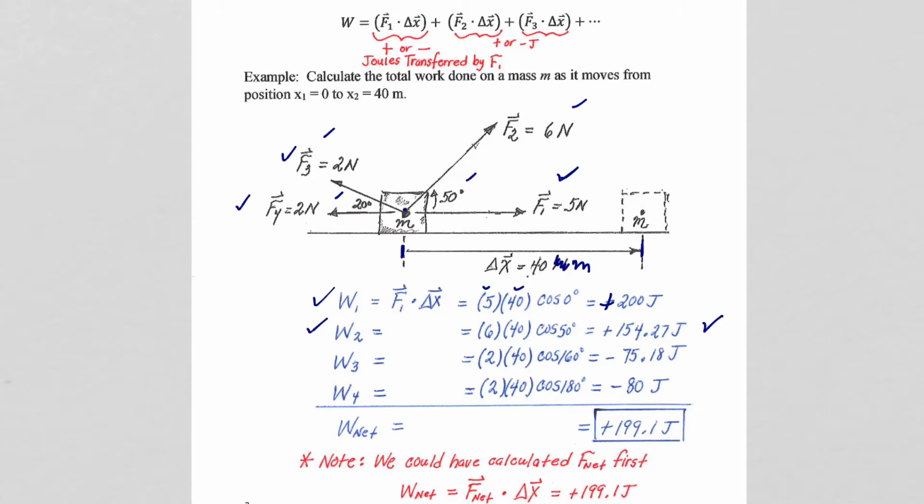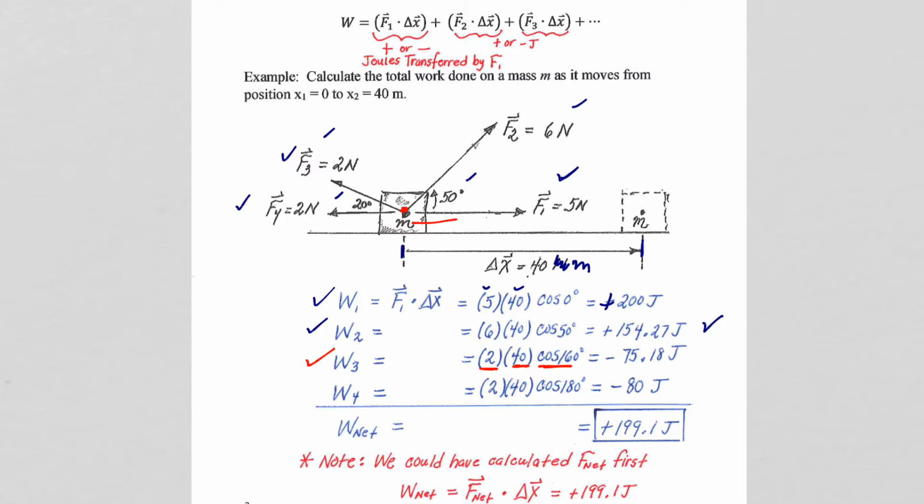So for force 3, notice we have to be careful with our angles, because when we calculate the work done, it's F3 dot delta X, so F3 is 2. Delta X is still 40 meters, and it's magnitude, so we don't care about positives and negatives for the F's and the delta X. But now we have to look at the cosine of the angle between the two vectors.